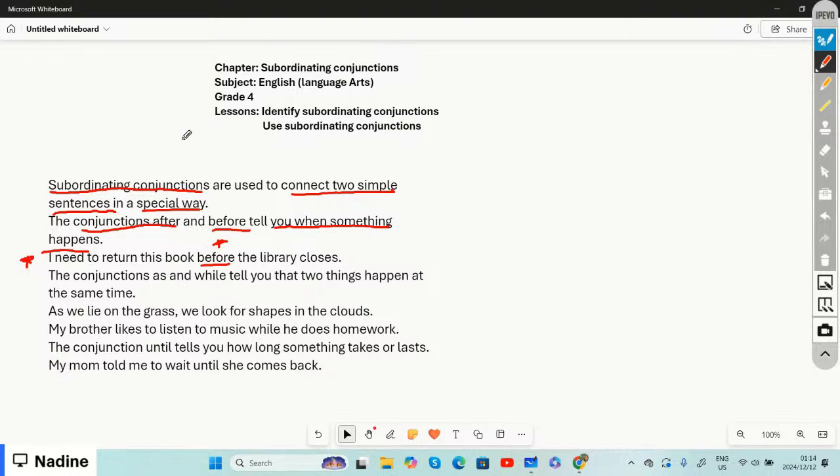And the next one is the conjunction as. The conjunctions as and while will tell you that two things happen at the same time.